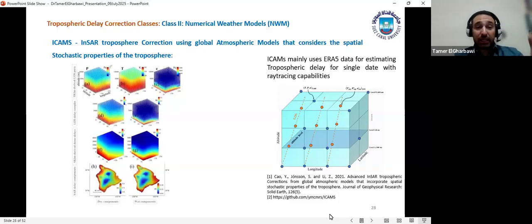As we can see here, it makes this kind of ray tracing and makes the 3D interpolation to the pixel size of the InSAR pixels. This kind of method produces a very nice result, compared to PyAPS and GACOS. The main issue is that it's very heavy and very processing demanding for the interpolation.